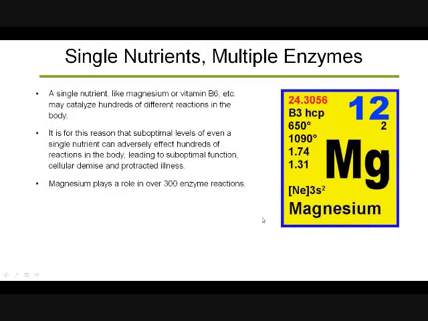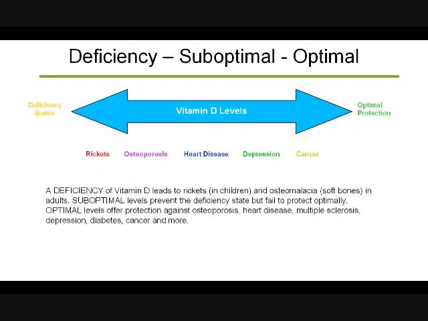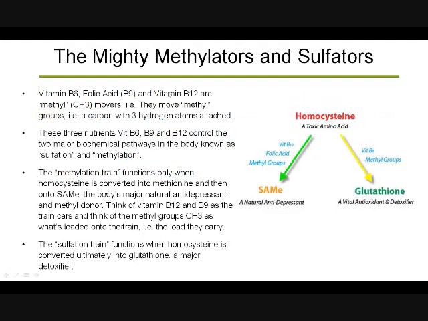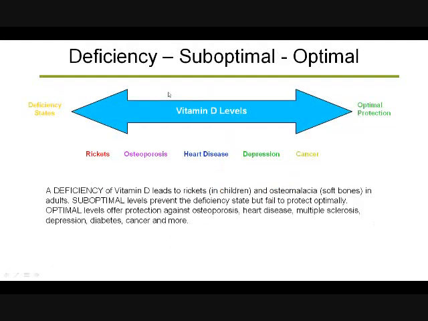So another concept is that a single nutrient like magnesium or B6 can catalyze hundreds of different reactions. And it's for this reason that suboptimal levels of even a single nutrient can adversely affect hundreds of reactions in the body. For instance, magnesium plays a role in over 300 enzyme reactions, and zinc plays a role in even more. Remember, this is kind of a visual of what we talked about.